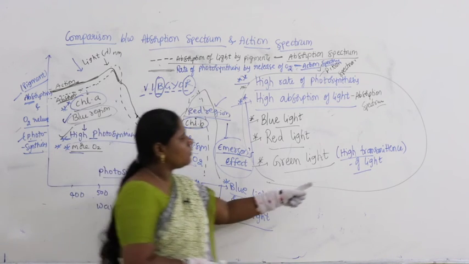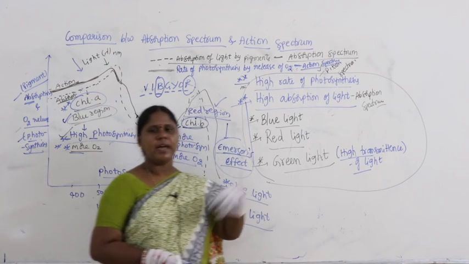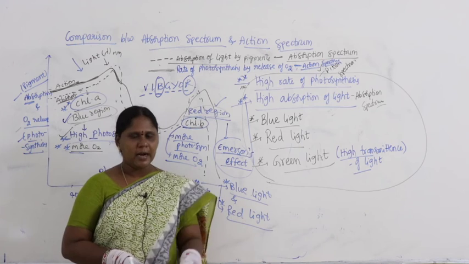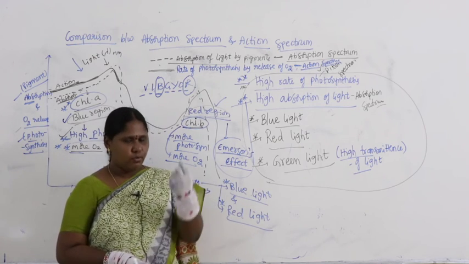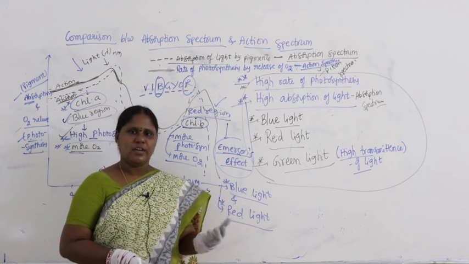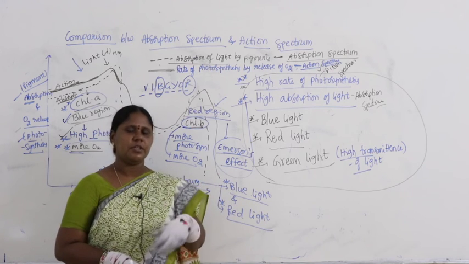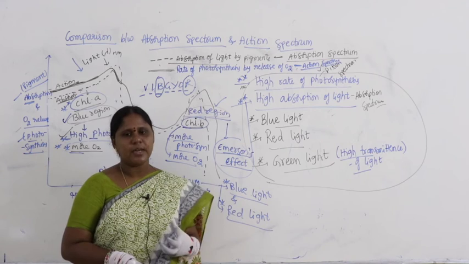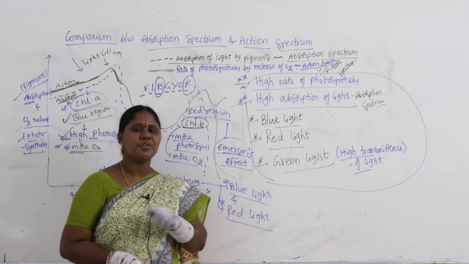High transmittance of light means the green light penetrates into the deeper parts of the plant, less is the reflection. More is the absorption, less is the reflection; green light is more transmitted into the parts of the plant. That is why all parts of the plant look green in color.